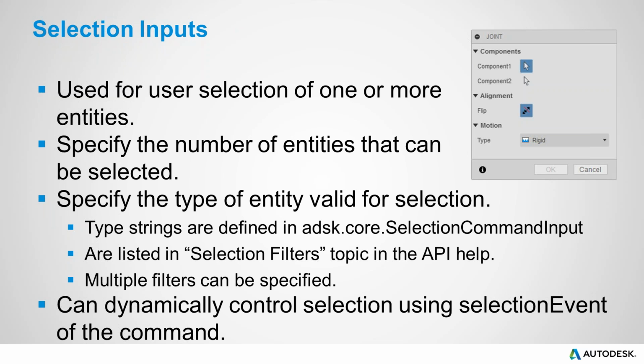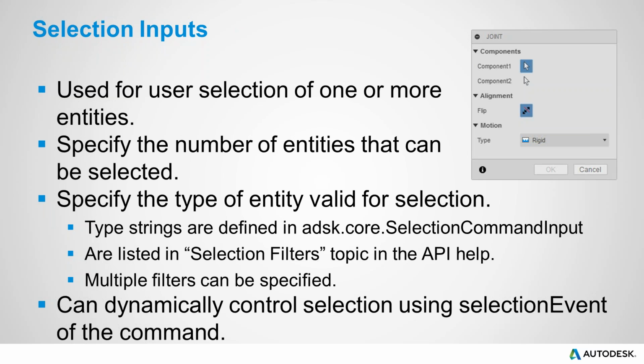And then you can also dynamically control the filtering on a selection by using the selection event of a command. And so how this works is you say that you want to hook up to the selection event, so you implement the selection event.